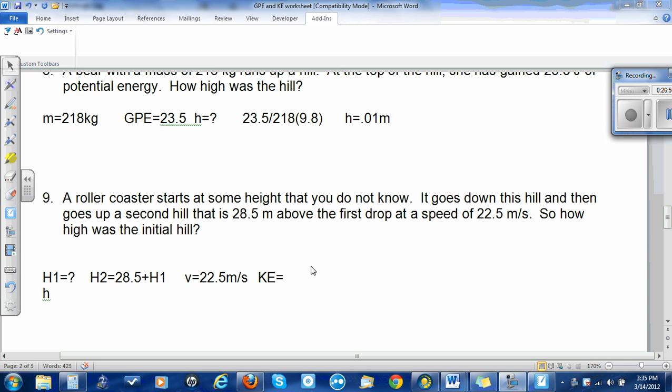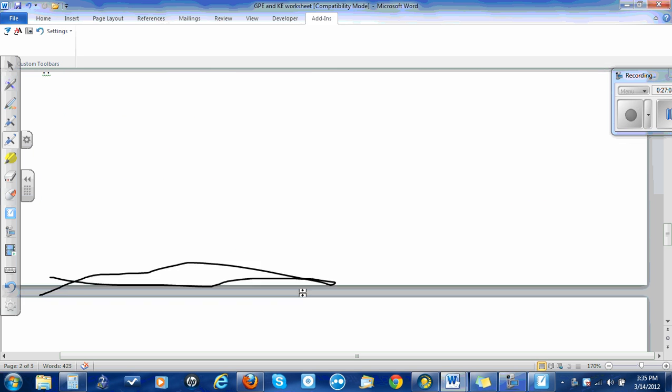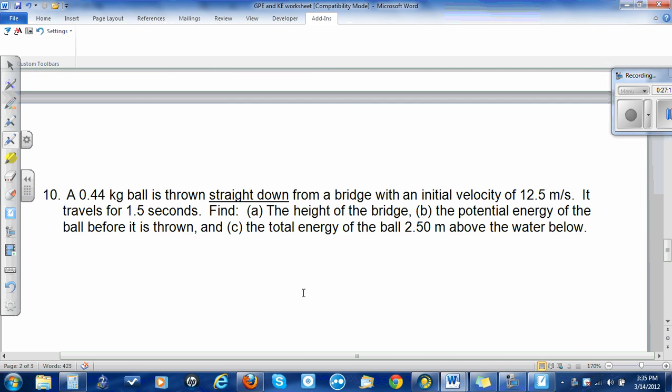This is another problem that is a little more advanced than what we're working on. It combines the next formula that we're going to do of work, and we'll get into that in the next chapter. So you can disregard this problem, and we'll take a look at number 10 here. And again, number 10, disregard.